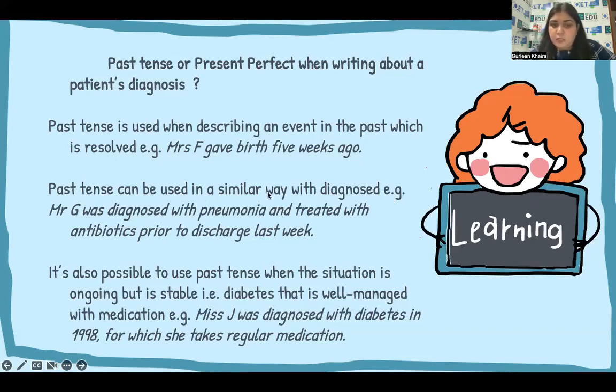Past tense can also be used in a similar way with diagnosed. Mr. G was diagnosed with pneumonia and treated with antibiotics prior to discharge last week. It's also possible to use past tense when the situation is ongoing but stable. Ms. J was diagnosed with diabetes in 1998, for which she takes regular medication.